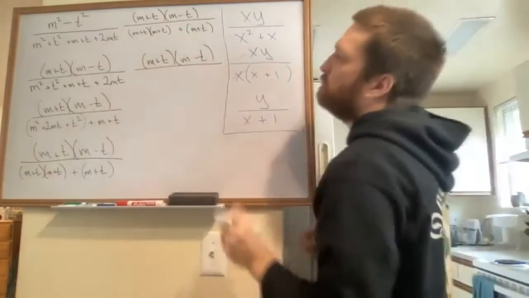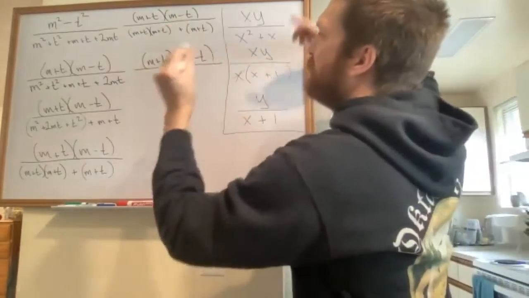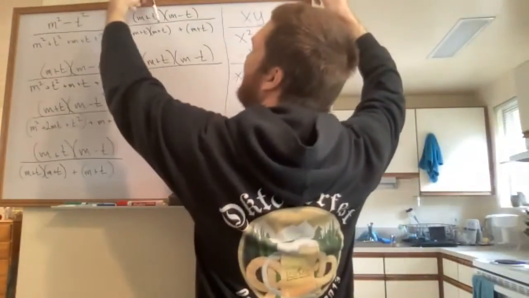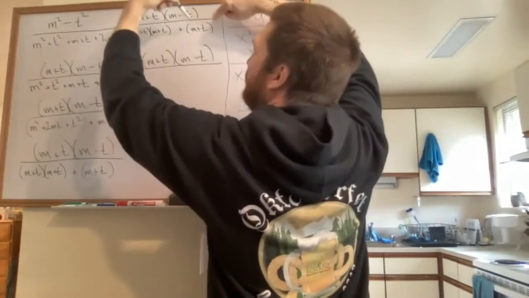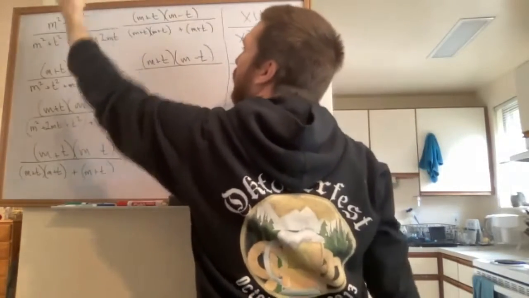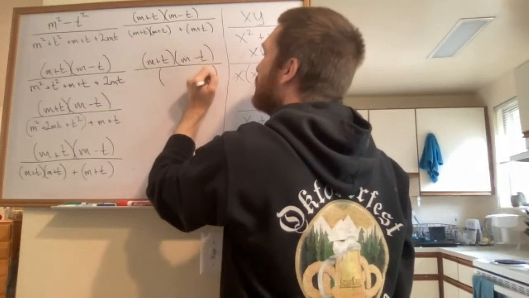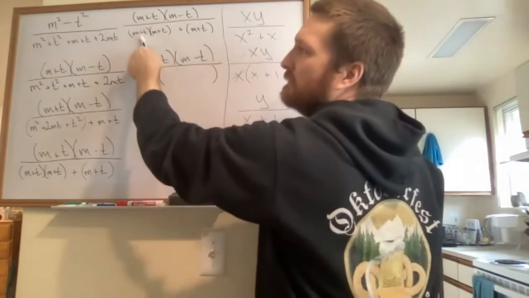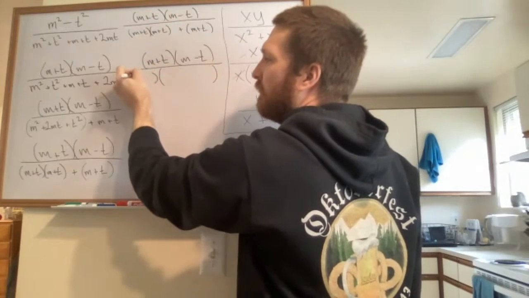And now I'm about to factor out, let's choose a couple of them. I'm going to take this guy right here, pull him out. I'm going to have to take him out as well. That's going to leave me with something that looks like this. And what are we factoring out? The m plus t. Why don't I go ahead and write him like this?